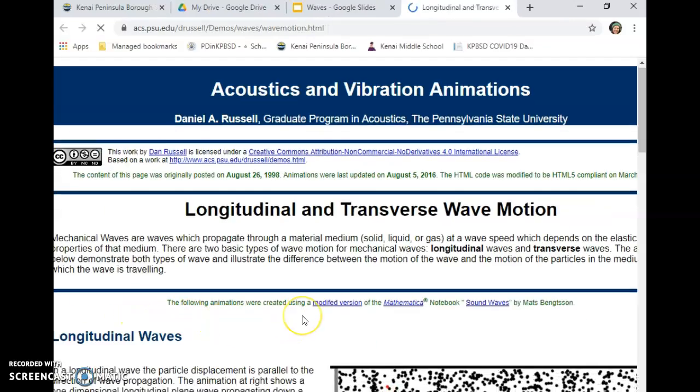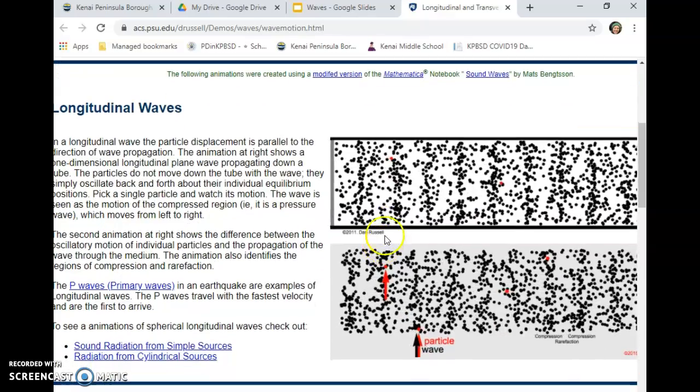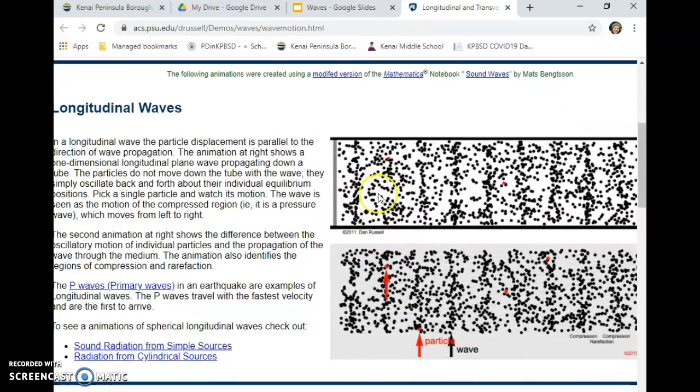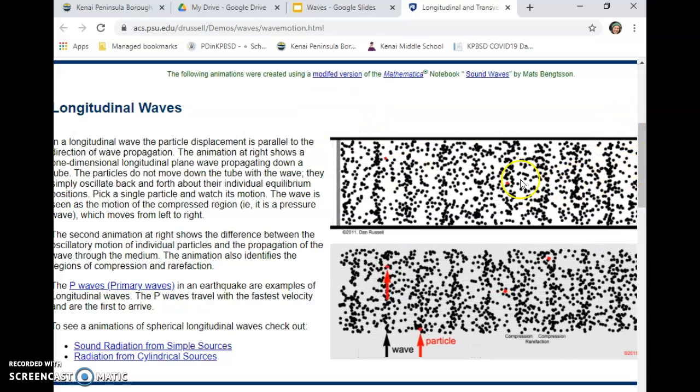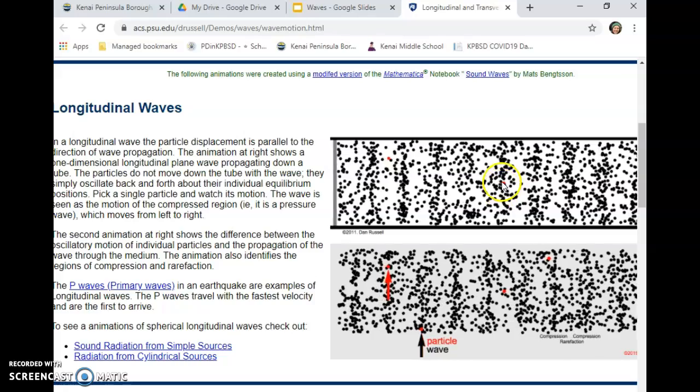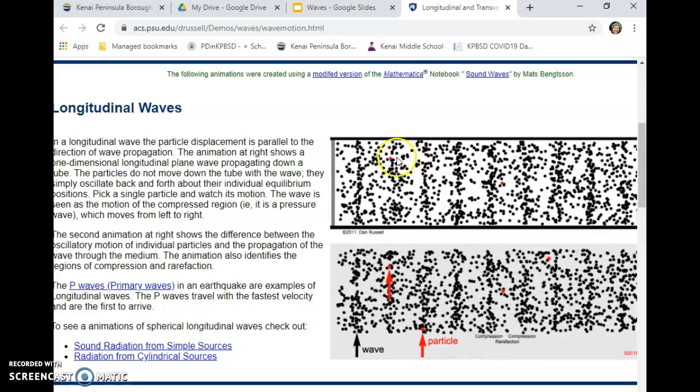So I will show you, there's a cool link here. So longitudinal waves, you can see the wave is moving from point A to point B. We're going to call this point A and this point B over here, so left to right. But they've made a couple of the dots red, you can see the dots are just slightly moving back and forth.